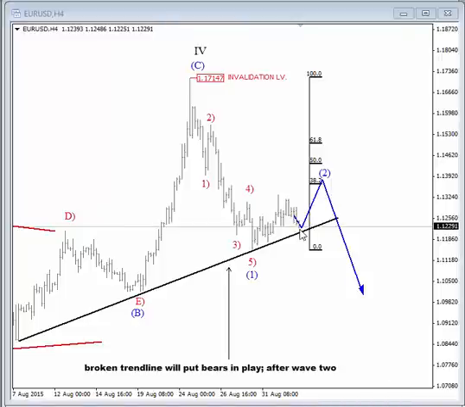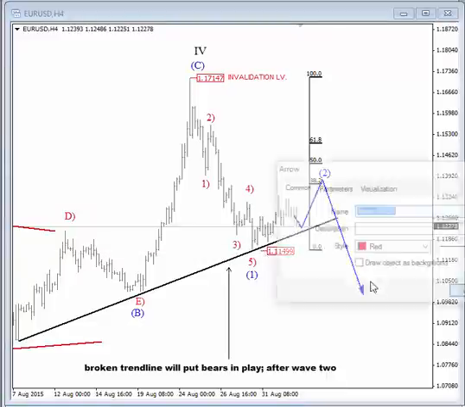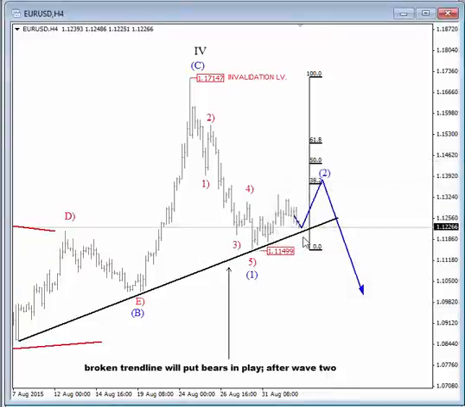But if we see a decisive break to the downside of the former swing lows, which were around 1.150, and if we are able to take this out with a daily close beneath this level, then I would consider this the end of wave 2 and would be looking for a straight move to the downside.